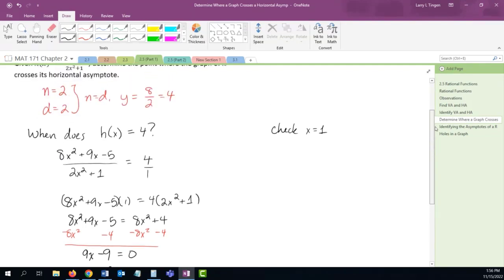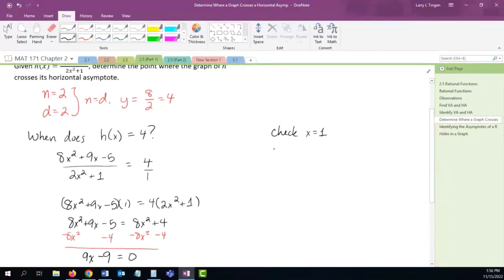So I'm going to plug 1 into h of x, and I better get 4. That's 8 times 1 squared plus 9 times 1 minus 5 over 2 times 1 squared plus 1. It's always nice when the variable is 1, because all that's left are just all your original coefficients.